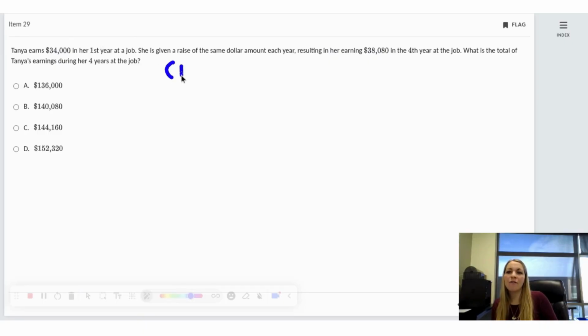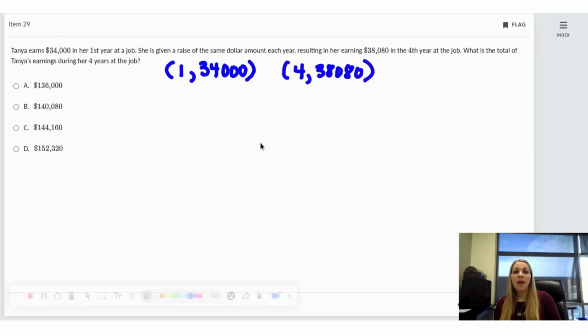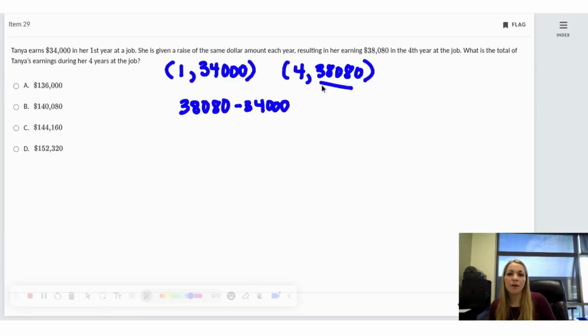I'm going to say in her first year, she made $34,000. And in her fourth year, she earned $38,080. That constant amount is the slope. So what I'm going to do is the change in the y values, 38,080 minus 34,000, over the change in the x values, so 4 minus 1.